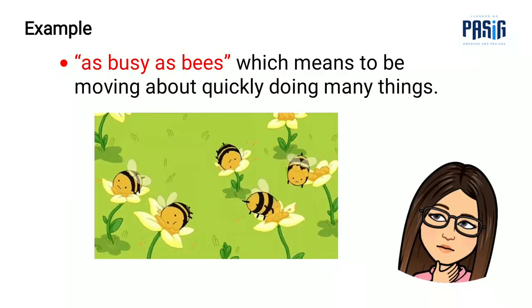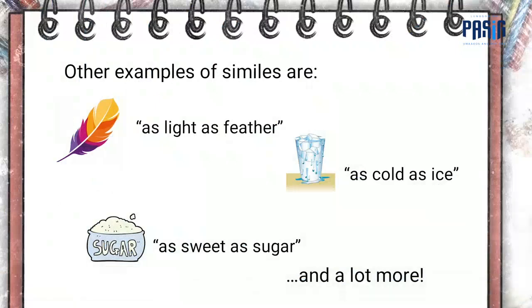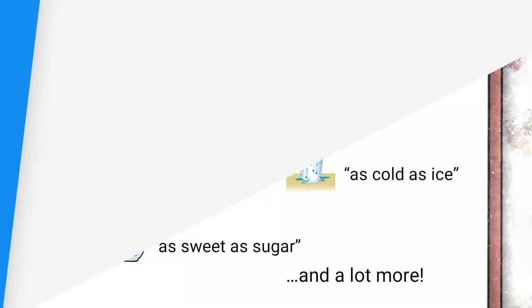An example of that simile used in a sentence is, the construction workers are busy as bees. It means that the construction workers are moving quickly, doing many things. Other examples of similes are as light as feather, as cold as ice, as sweet as sugar, and a lot more.